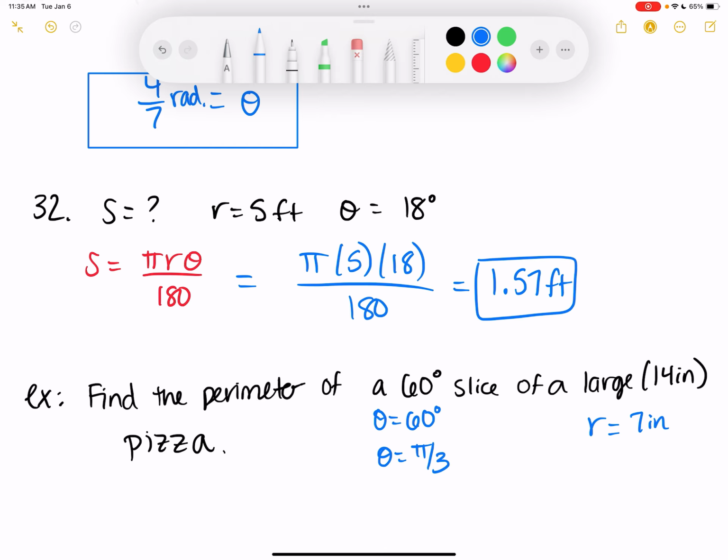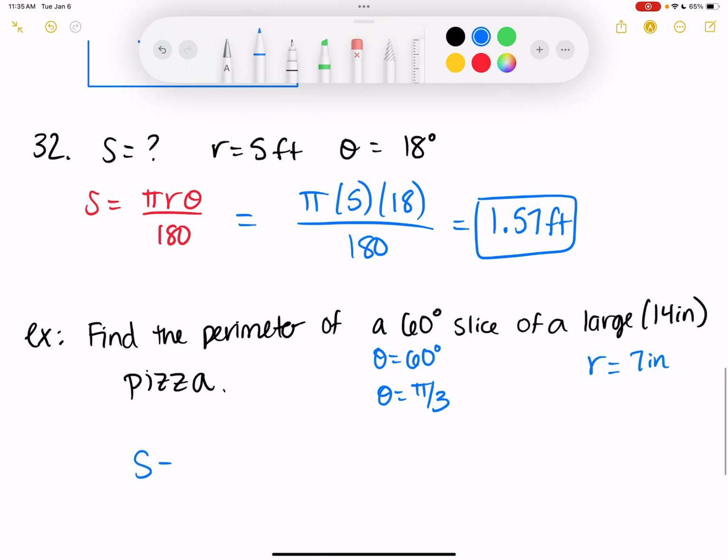Now, I'm finding the perimeter of a slice, not the whole pizza. So S equals 7 times pi over 3. So somebody tell me what the arc length of my pizza is.